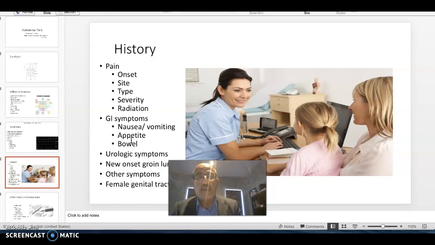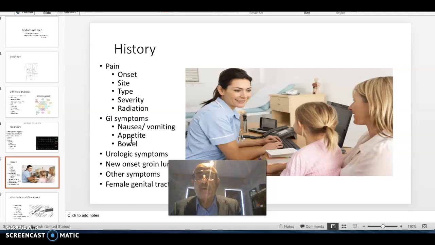Was it a gradual pain that was grumbling for a while and crept up on them over a few hours? We know that gradual pain is usually caused by infective or inflammatory problems, while sudden onset pain is caused either by perforated viscus or bleeding.